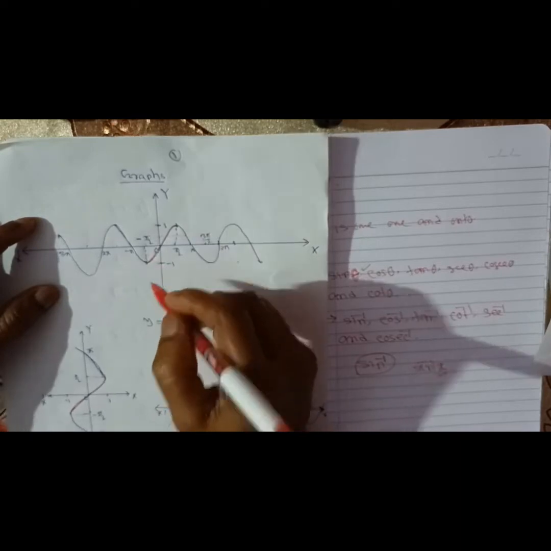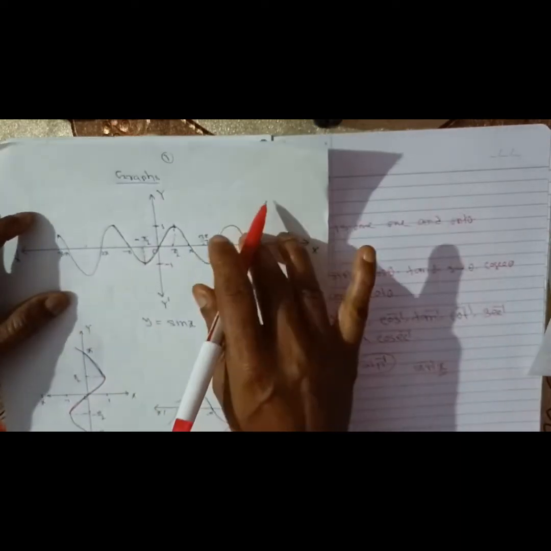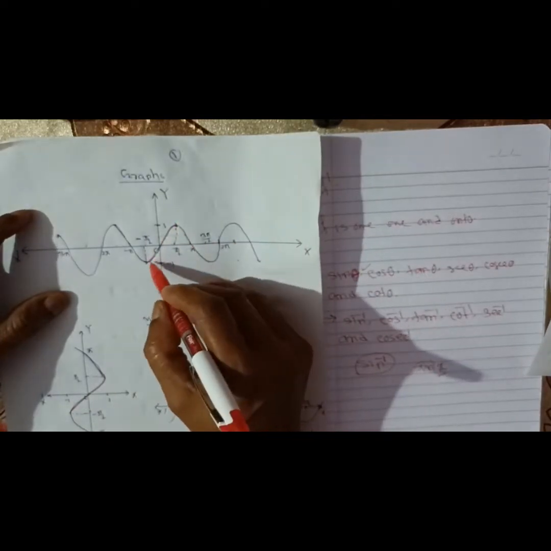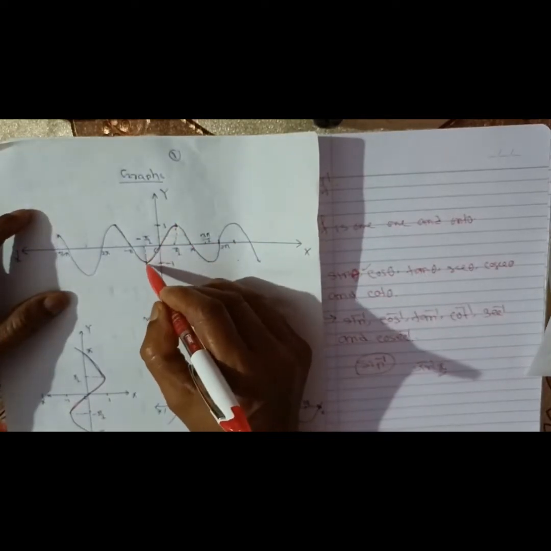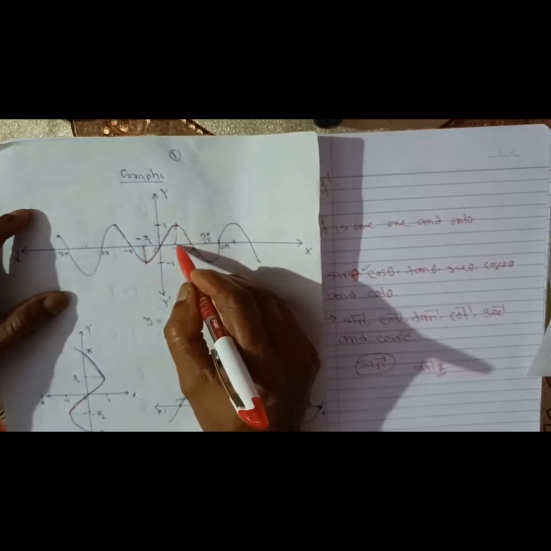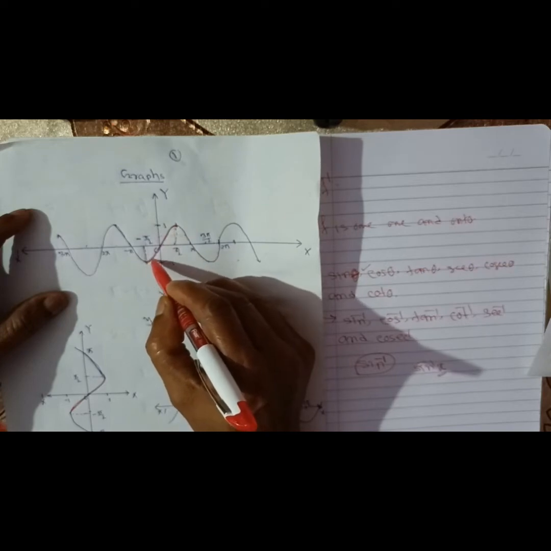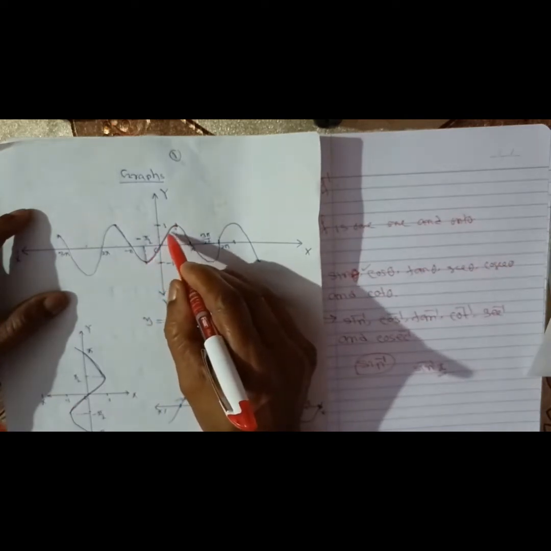mathematicians take a restriction in case of the domain, from this portion to this portion. In this graph, every point has distinct images.